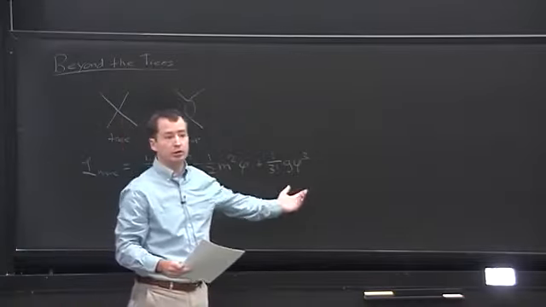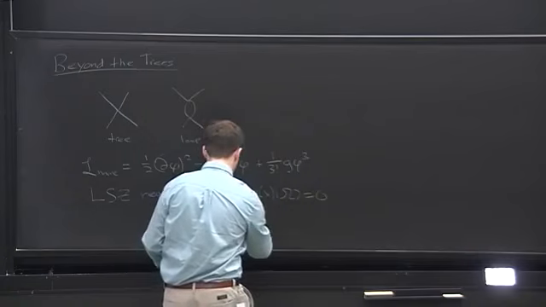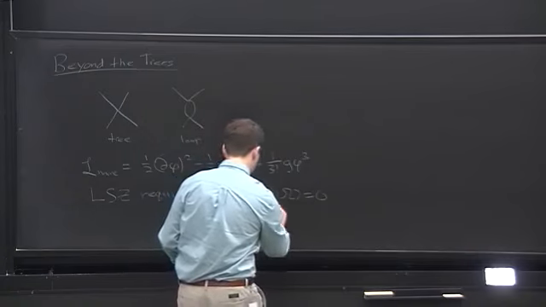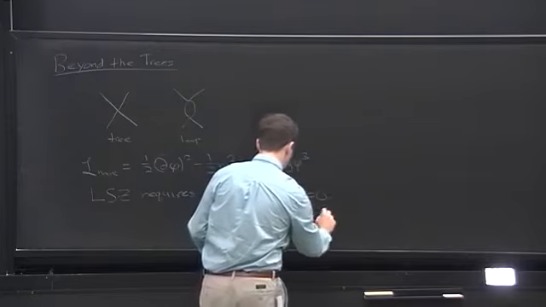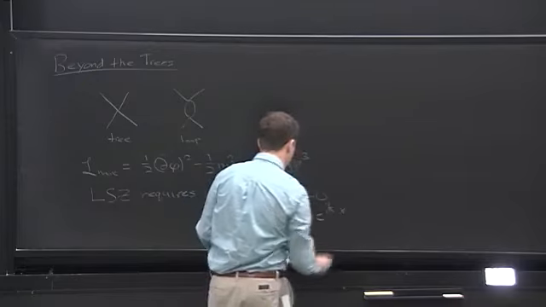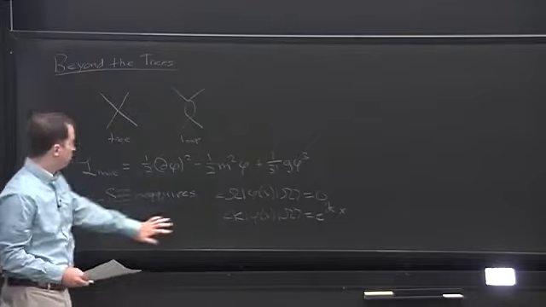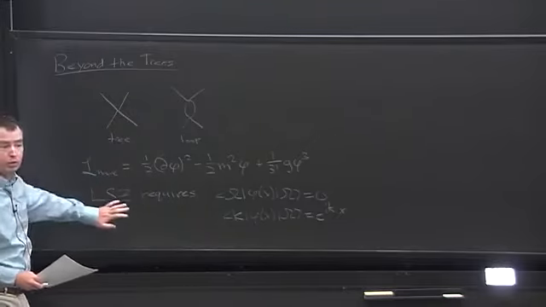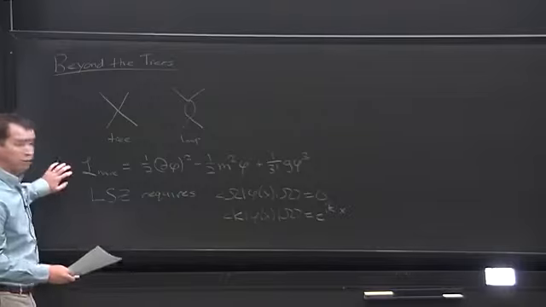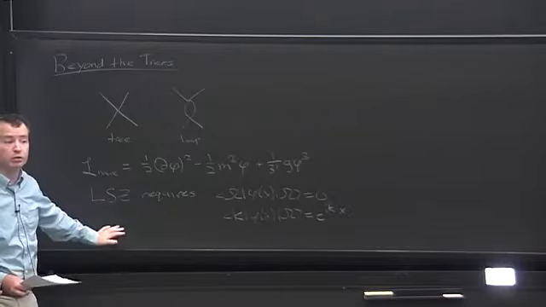to do with the way we derive the LSE formula, because our derivation of the LSE required that the vacuum expectation value of the field operator was 0, and that the form factor, k phi omega, was e to the i k dot x. And we said that if we took some naive Lagrangian, we could impose these conditions as long as we were willing to shift and rescale the field.